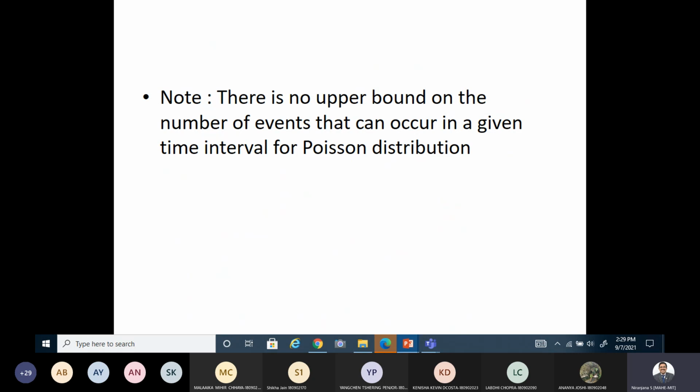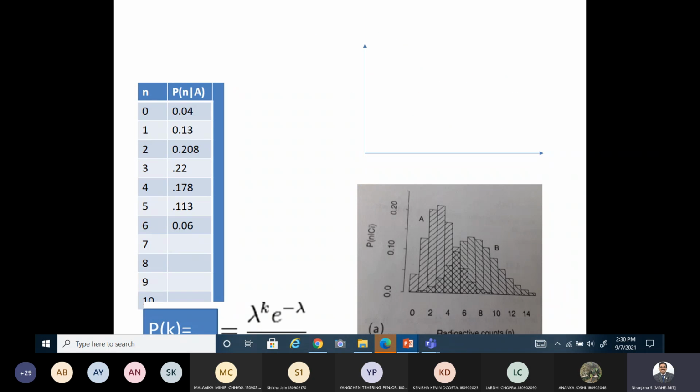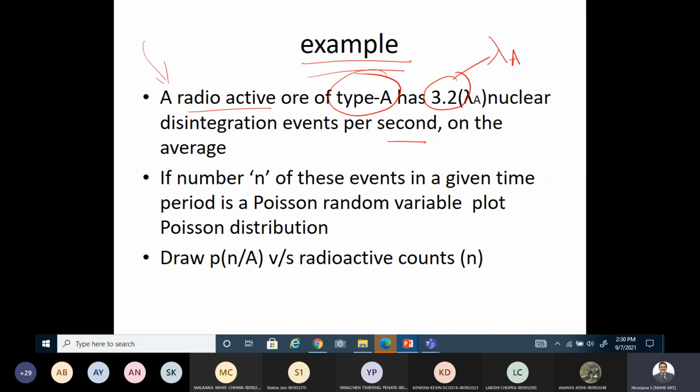Yes, sir. Now the question we will try to understand: there is a radioactive ore and the disintegration rate, where lambda is 3.2 per second, is the rate at which it is going to disintegrate.